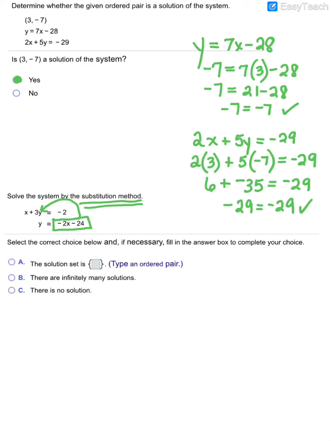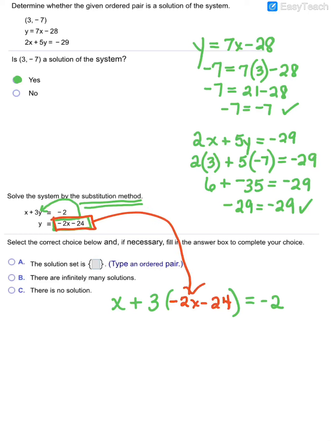So my top equation, I have an x plus 3 times a y value that's equal to negative 2. And in place of that y value, I'm going to plug in the negative 2x minus 24 from this other equation. Since they tell me y is equal to that, I'm plugging it in for the y.